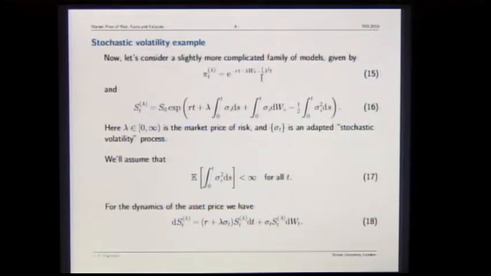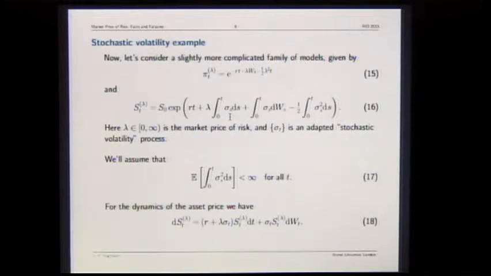So we'll look at a stochastic volatility model. We'll keep the same family of pricing kernels for different values of lambda, but we'll let sigma be a stochastic volatility. Now in this case, we're not going to introduce multiple Brownian motions and stochastic volatility in the style of Hughston and so forth.